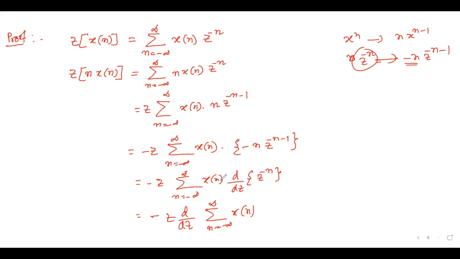Now if you change the order, first derivative then sum, you will get the same result. So this is basically, again, you changing the operator. Now this is basically the definition of x[n], or X(z). So that means minus z d/dz of X(z).